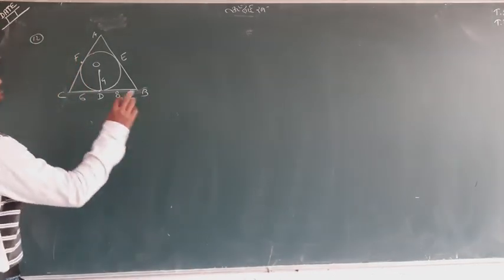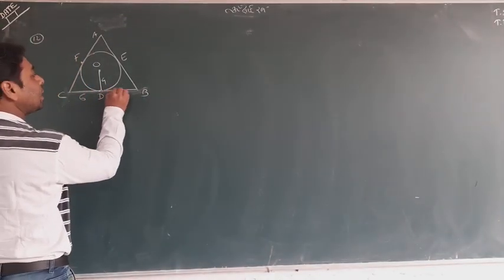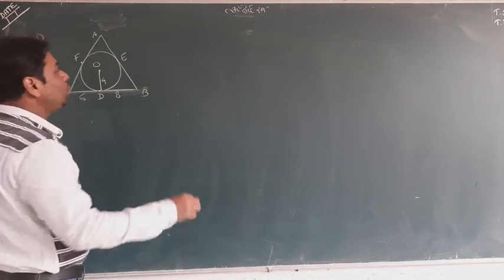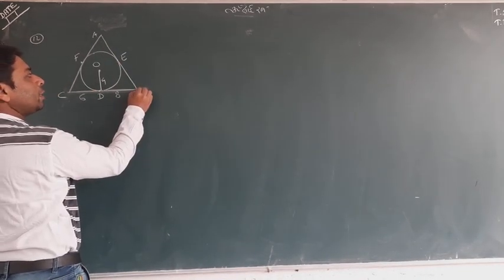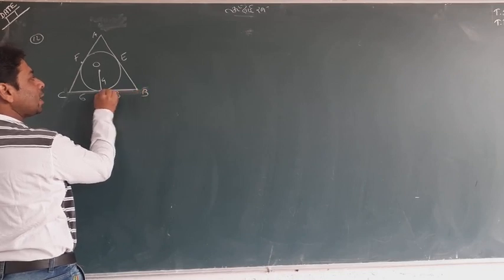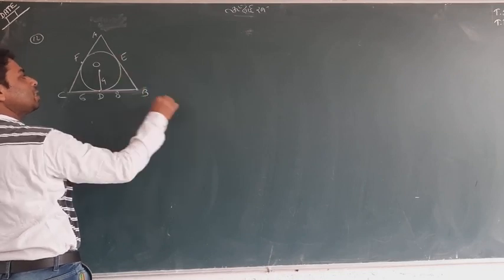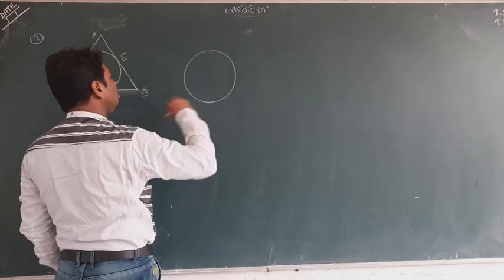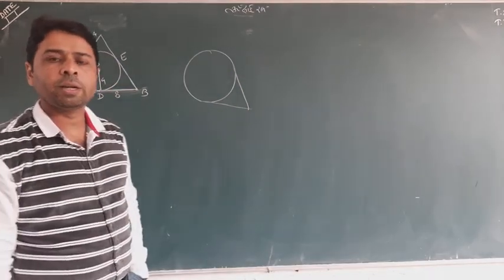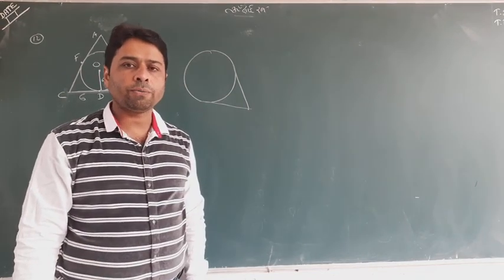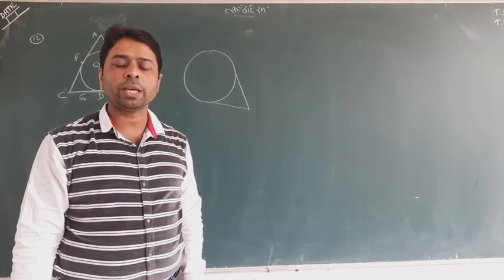Look at it. First of all, this is 8. So one should know that this is a circle and this is an external point, and these are tangents. You should know that tangents drawn from an external point to the circle are equal in length.